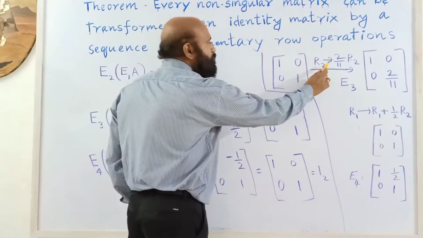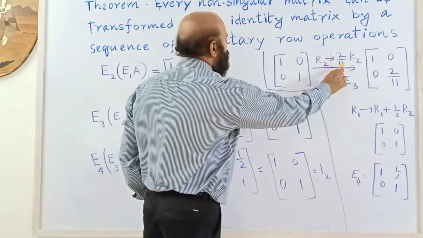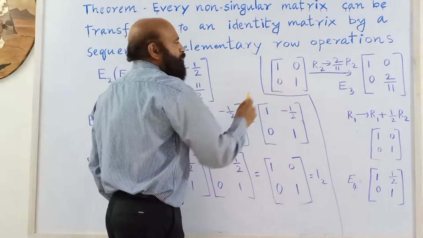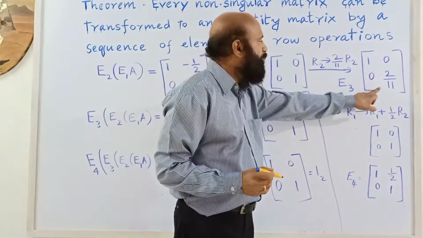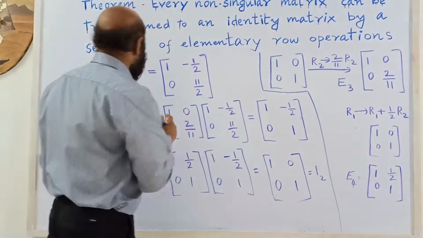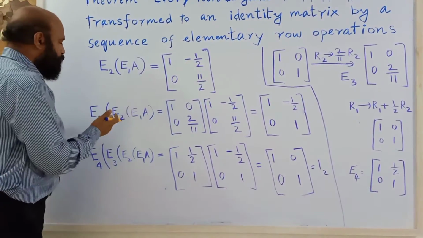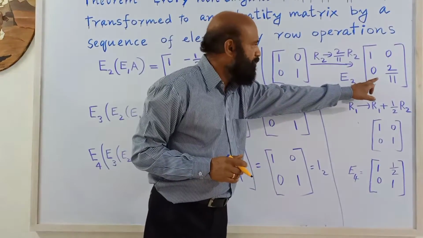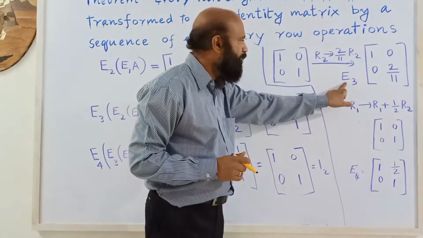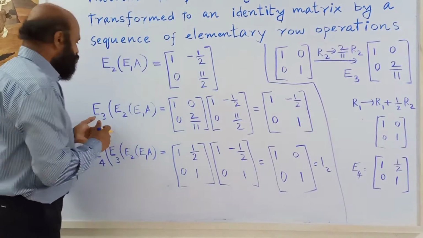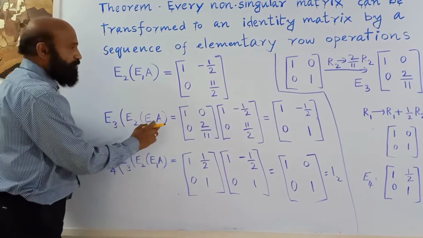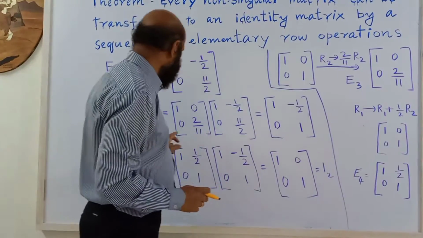So the same elementary row operation, you do it on an identity matrix. So what you are getting is an elementary matrix. So this matrix is to be pre-multiplied by this matrix. This matrix is given the name E3. So this is to be pre-multiplied by E3. This E3 is this matrix.